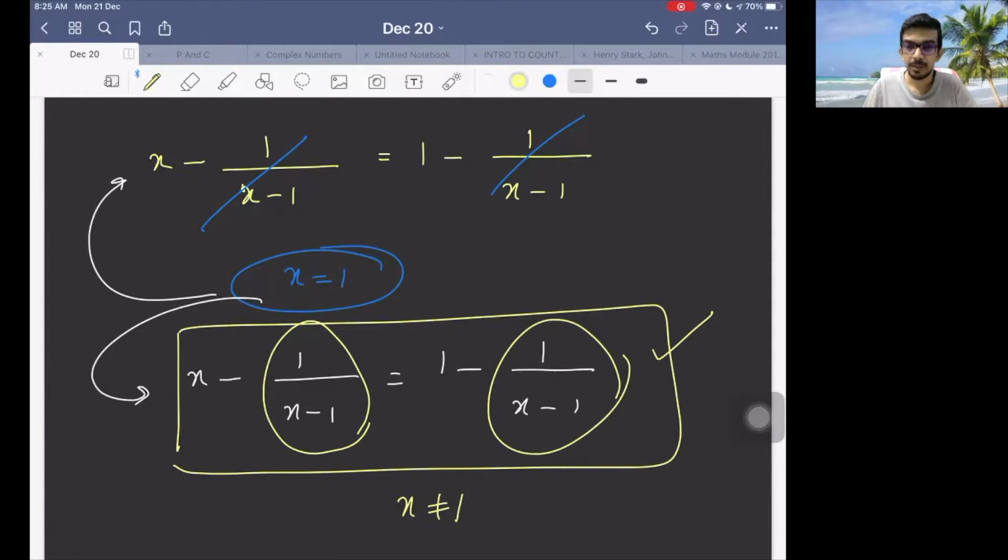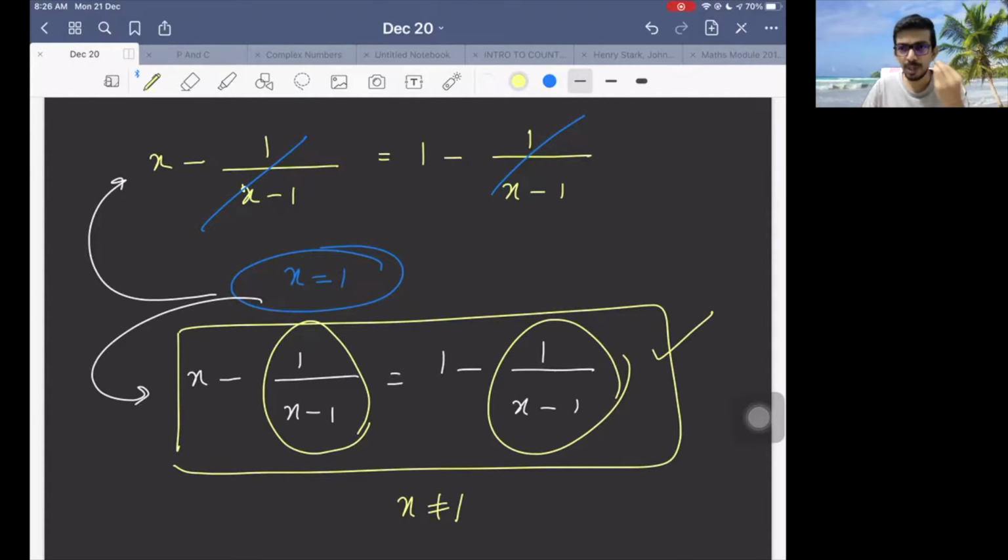Yes. So we are moving on to the next type of equations, which might have terms in the denominator. Before solving those kinds of equations, you should be able to tell when such equations will be undefined.